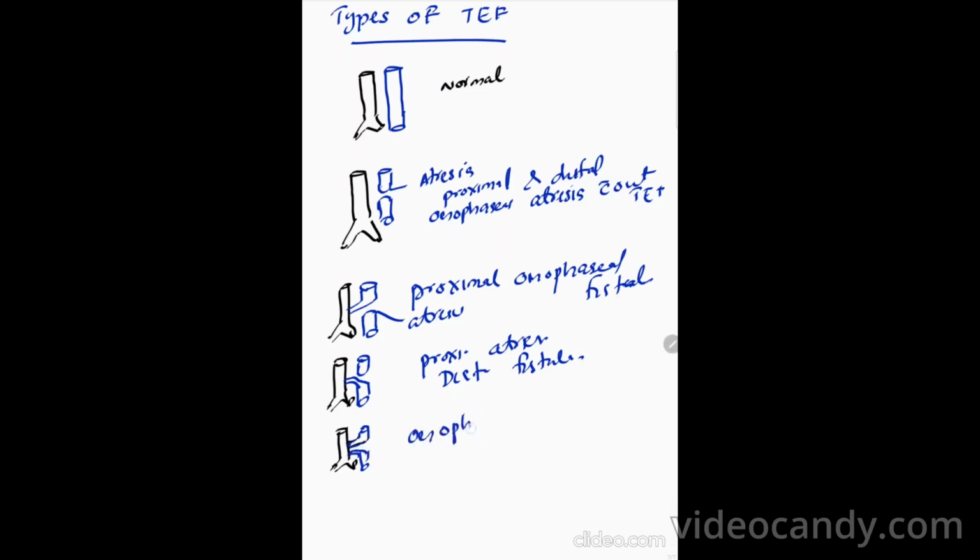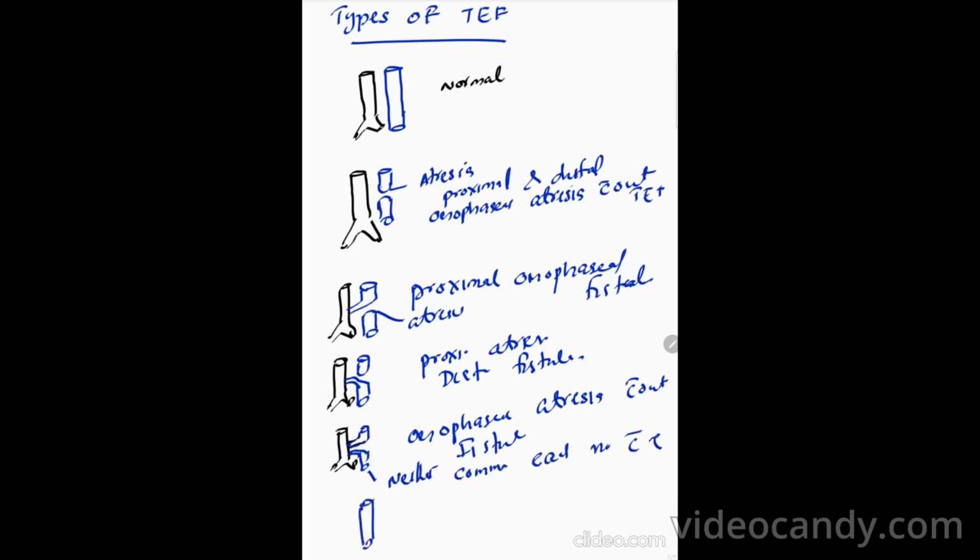Esophageal atresia without fistula means that even though the esophageal parts are not communicated with each other, they are also not communicated with the trachea. That means the esophagus is neither communicated with each other nor with the trachea.